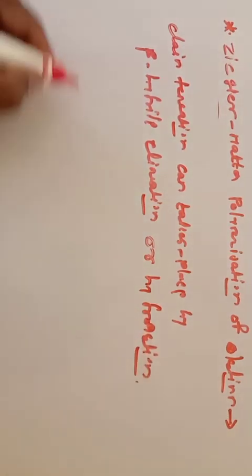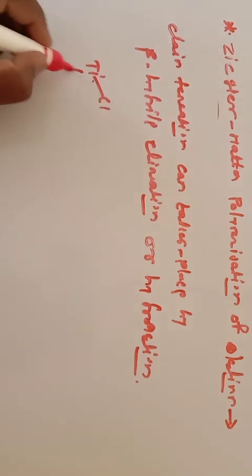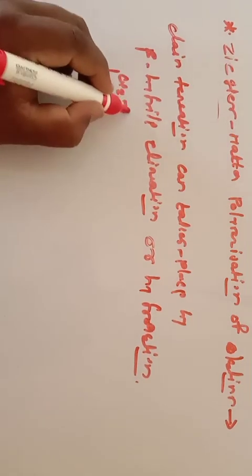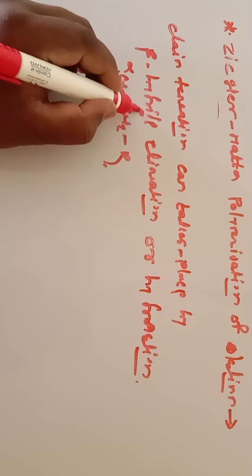So this is the complex, Ti Cl, Cl, and this is your CH2 R group. With respect to the metal, this is your alpha, and this is your beta hydrogen.